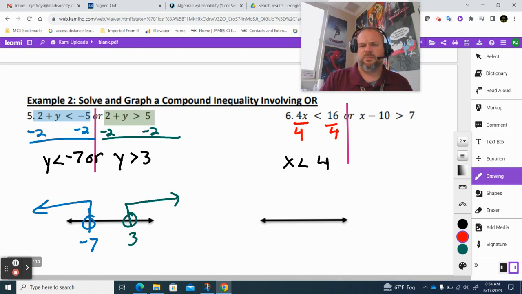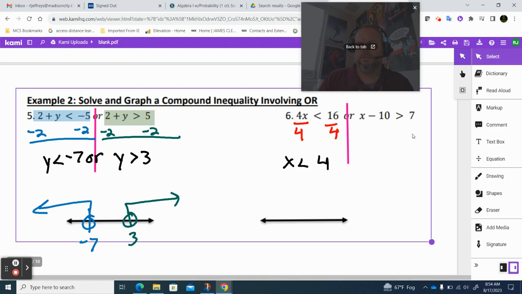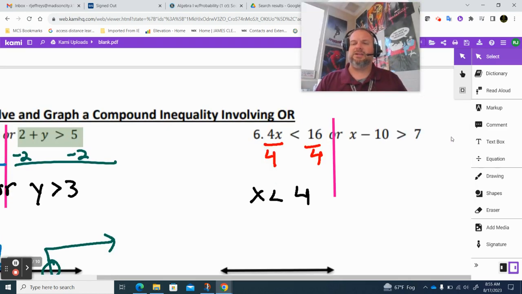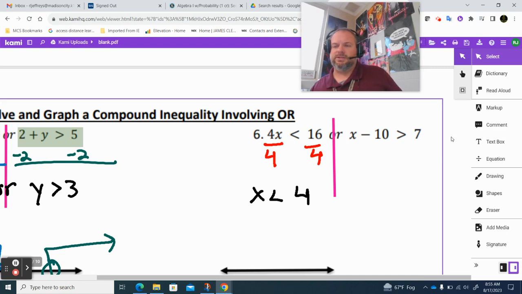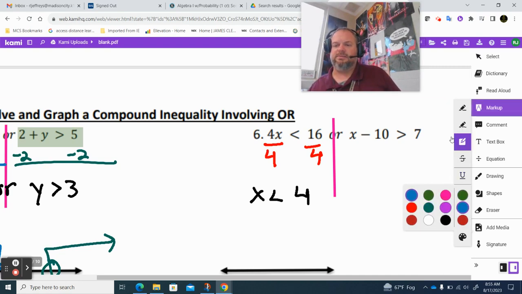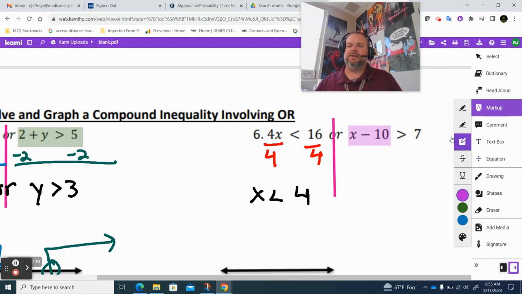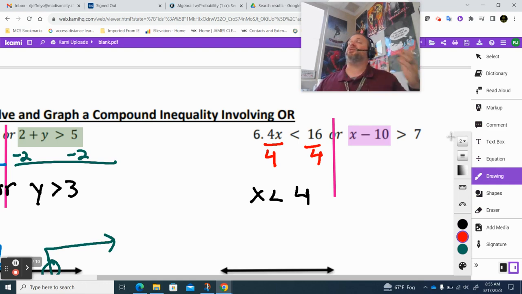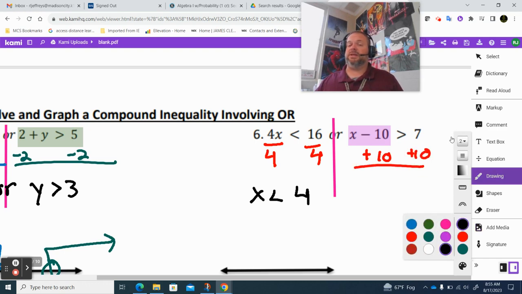Do we have the same problem? Okay, I heard add 7 and divide. So let's look at it closely because that makes my spidey senses kind of kick up a little bit. All right, 10 is being subtracted from x. So to solve, we will add 10. I think that's what somebody was saying.